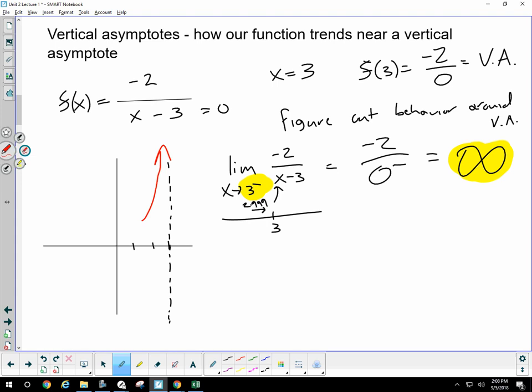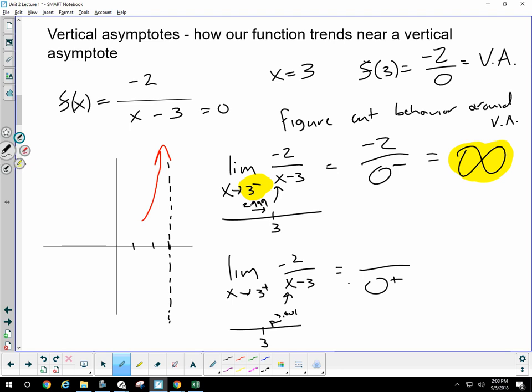I'm going to do the same thing to the right of 3. Thinking of a number just bigger than 3, 3.001. I think about plugging that number in for x. That will give me a number very, very close to 0, but 3.001 is just a little bit bigger than 3.